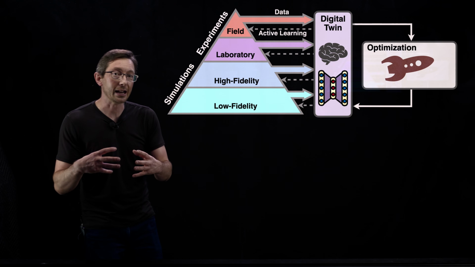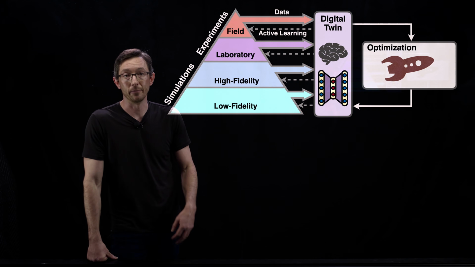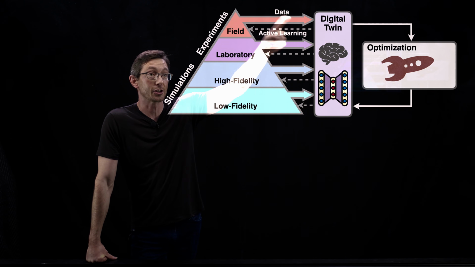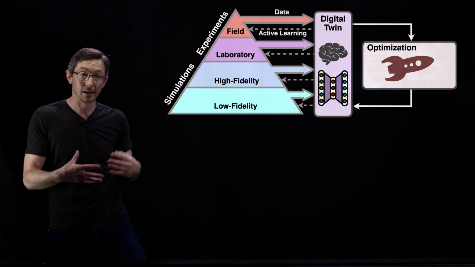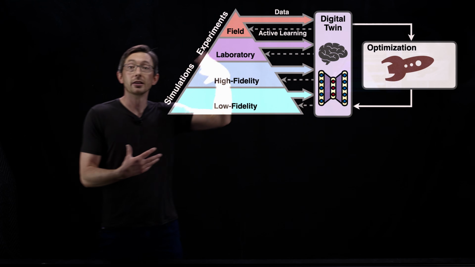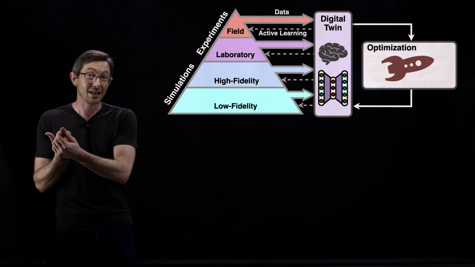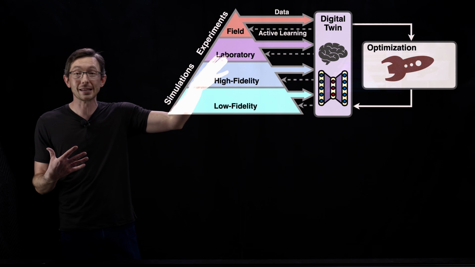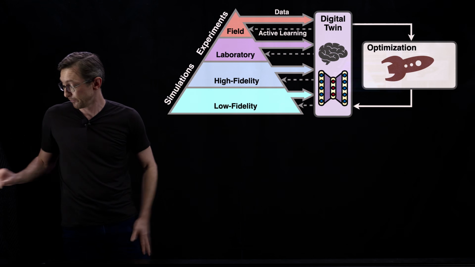But if you're really designing this new system to do better design optimization for an engineering system, it would be really nice if you actually had this tie back so you can actually query different fidelity simulations and experiments to inform that model. It's going to be way cheaper, way more efficient and faster and performant. Okay, so this is increasingly going to be how we design really complex systems in the future.